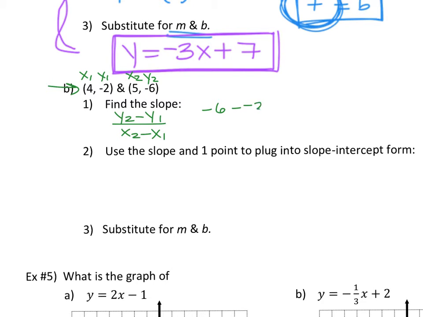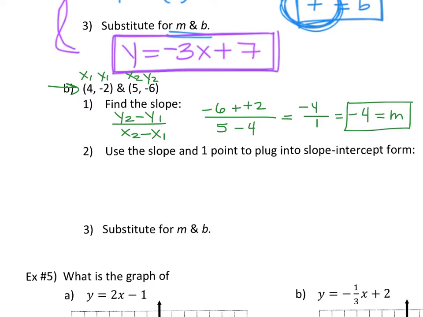Minus a -2 over 5 minus 4. Yep, it will become plus. Okay, so if we simplify this, minus a negative is plus a positive, so -6 plus 2 is going to be -4. 5 minus 4 is 1, so -4 is my m.